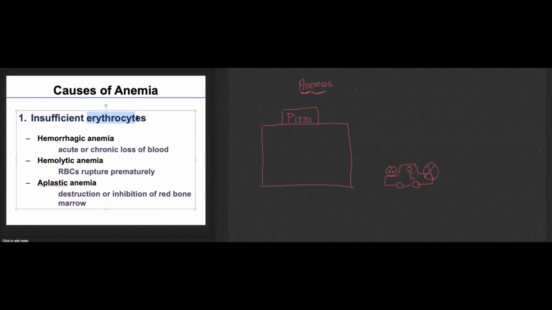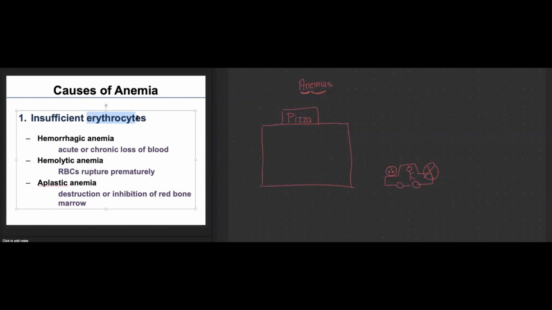It might be in acute form, so if a person had a major bleeding, like rupture of a vessel, for example, in a car accident, or it might be also in chronic bleeding, like, for example, having heavy menses. This can also cause hemorrhagic anemia.